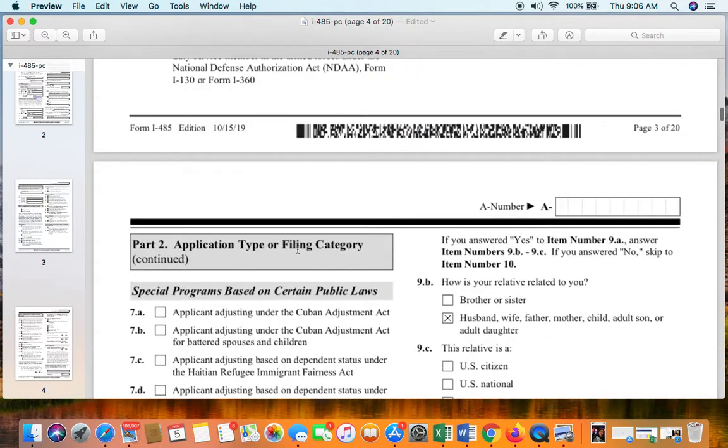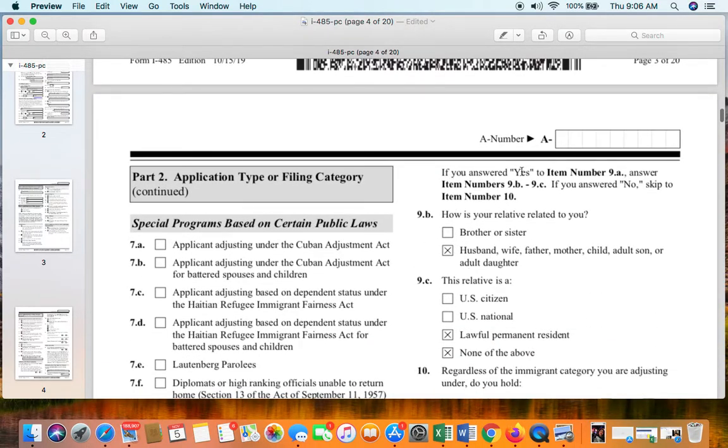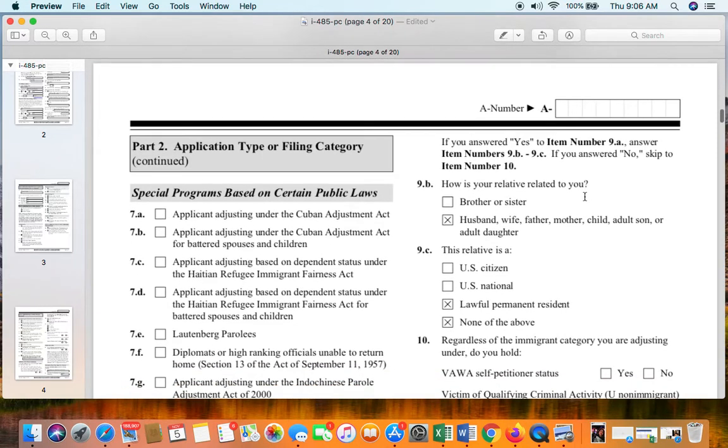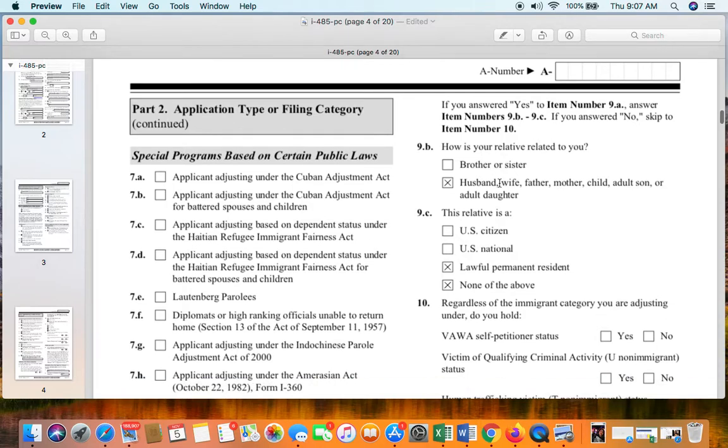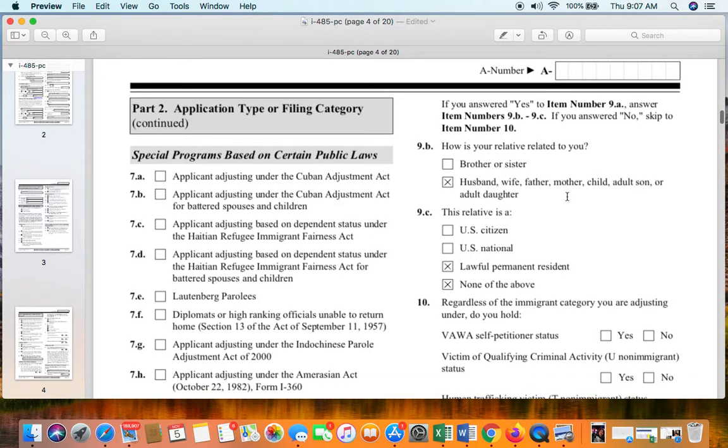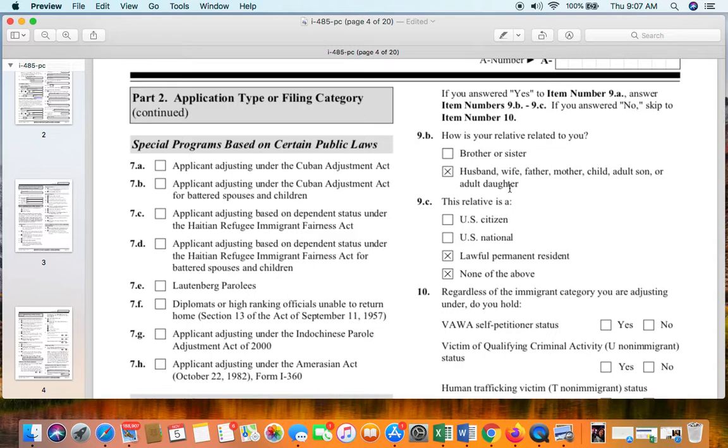If you answer yes, any numbers, okay. How is your relative related to you? For example, you can just put an X on it, for husband or wife, son or daughter, my mother, or whatever. The one who is the principal.